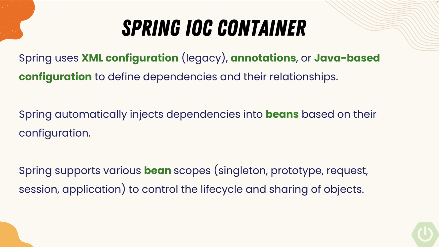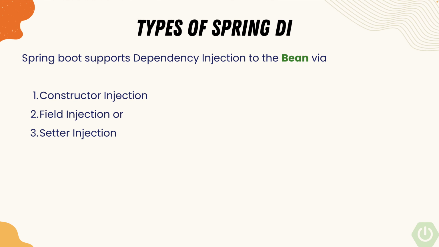And because I just told quite a lot of things about dependency injection, we will see what the different types of dependency injection are which Spring offers. Well, Spring Boot supports these types of dependency injection: constructor dependency injection, field injection, and setter injection, or some people say just setter injection, because they both are sometimes used in pretty much exactly the same way.